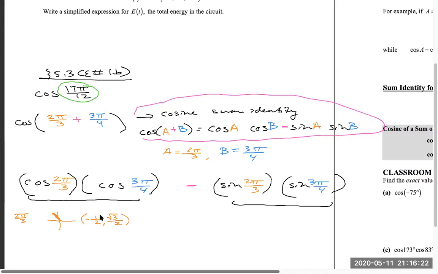Remember, this is the cosine value, so this first portion turns into -1/2. This second portion here, sine 2 pi over 3, comes from the second part of the coordinate, so this is going to become root 3 over 2.